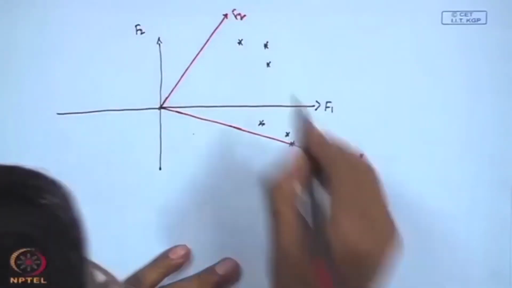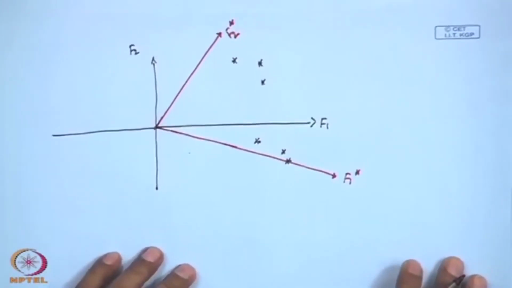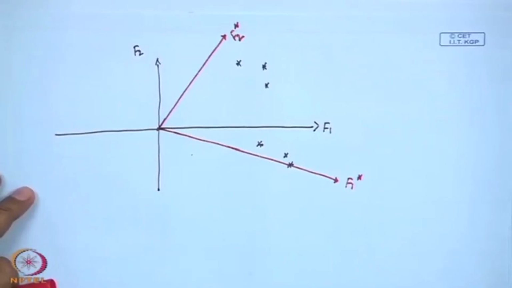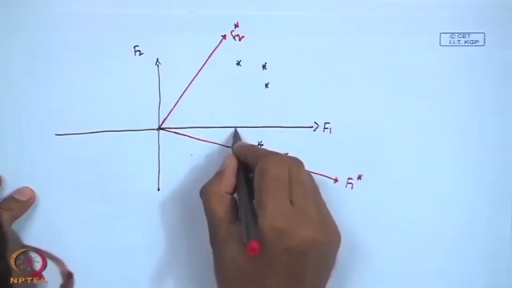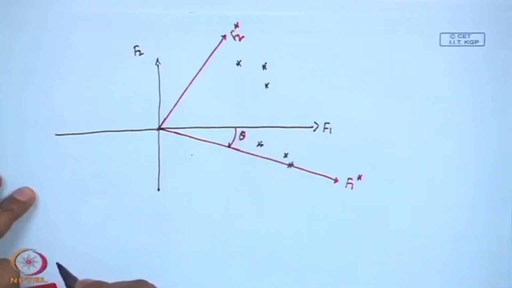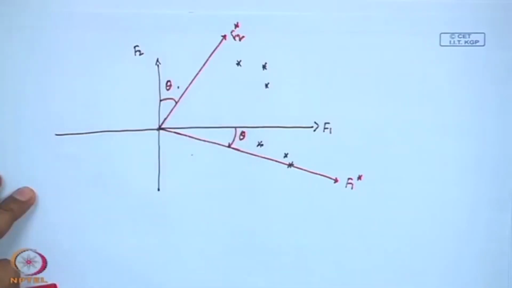I am calling these f1 star and f2 star. This one is rotated clockwise, so this angle is theta. Similarly, this angle is theta.